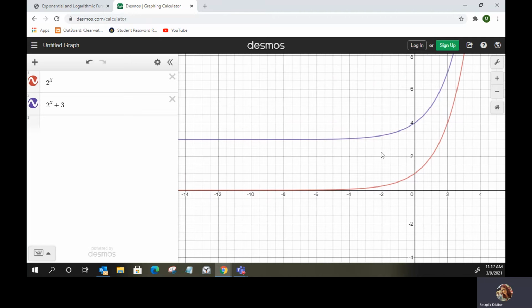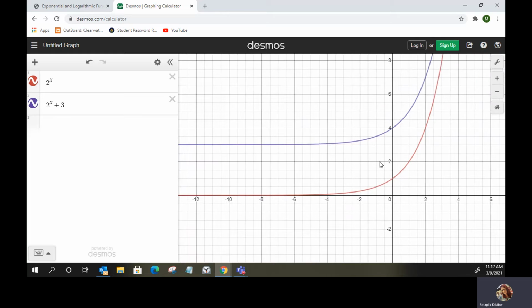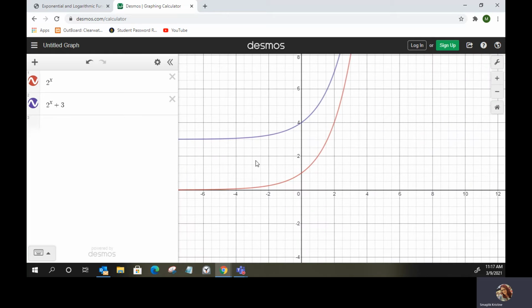Your end behavior now, as x approaches negative infinity, in my parent function, y was approaching 0. Well, now it is approaching 3. So as x approaches negative infinity, y is approaching 3. Still notice on the other side, if I am approaching positive infinity, both of these graphs, the end behavior is the same.